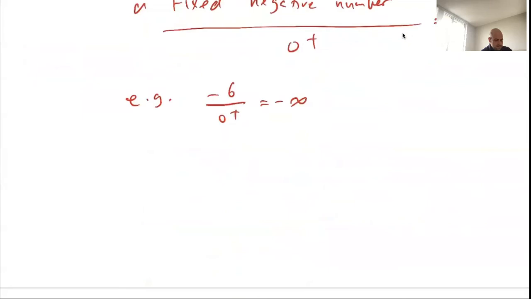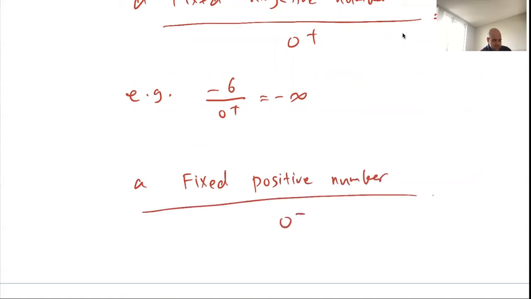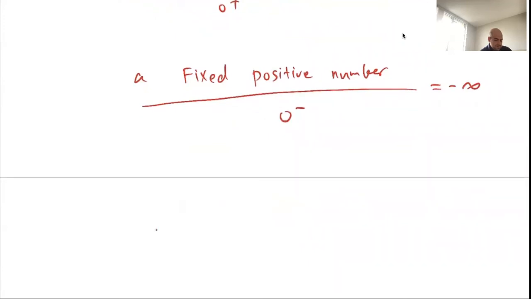And similarly, a fixed positive number divided by 0 minus, this is minus infinity. For example, 8 over 0 minus, this is minus infinity.